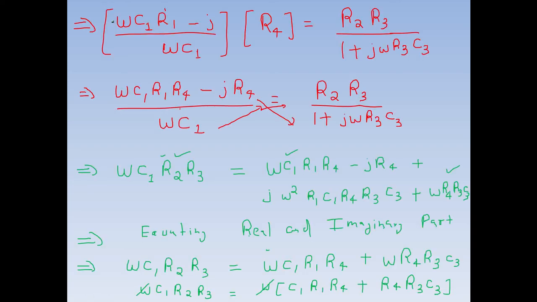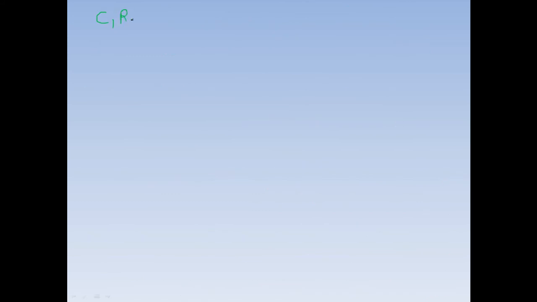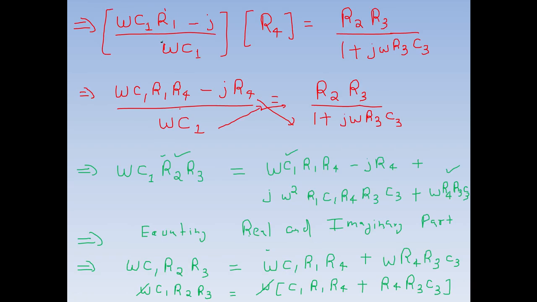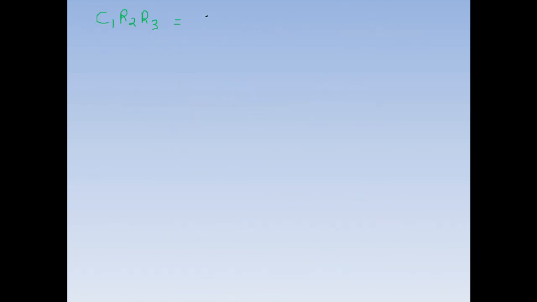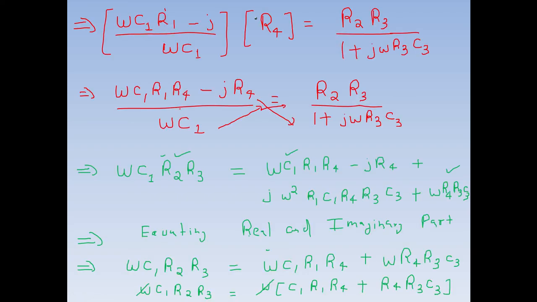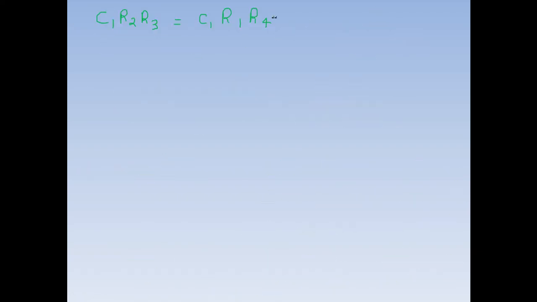Now in the next part, what do we get? C1 R2 R3 is equal to C1 R1 R4 plus R4 R3 C3.